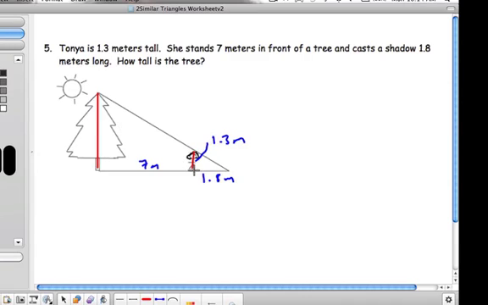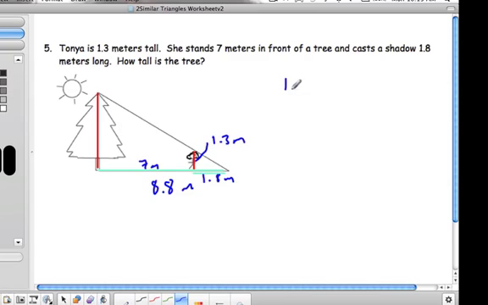And here's the height of Tanya. And the whole distance from here to here is 8.8, and the distance from here is 1.8. So this is similar to the last question. And the total distance, so this is 8.8, that's the length of the tree shadow total.